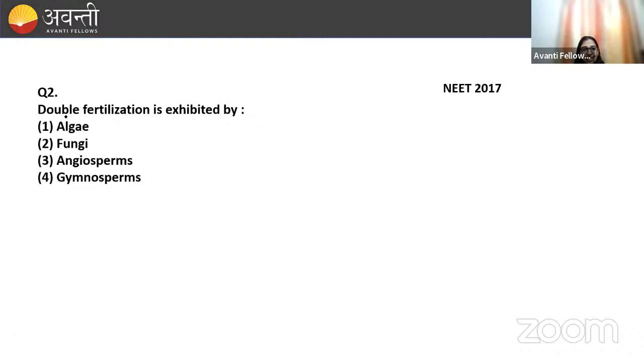Just now I told you that double fertilization is a unique feature of angiosperm. So double fertilization is exhibited by angiosperm, and angiosperm includes all the flowering plants.